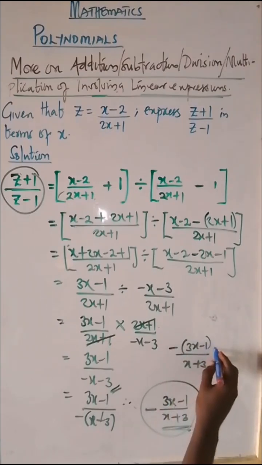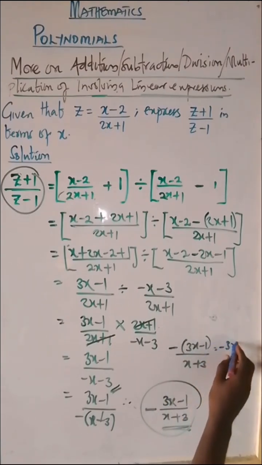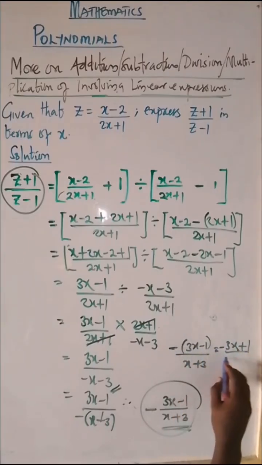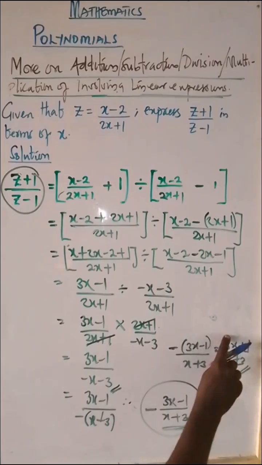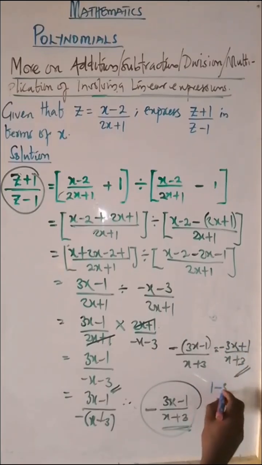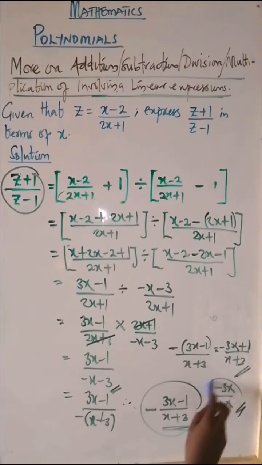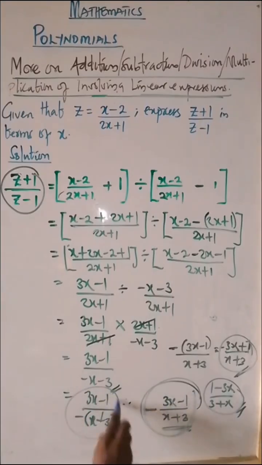So this becomes minus 3x minus minus, that's plus 1 over x plus 3. Final answer. If you don't want the minus to come first, you can write the answer as 1 minus 3x over 3 plus x. I swapped it. I wrote 1 first before 3x, and I wrote 3 before x. So all these expressions are the same.